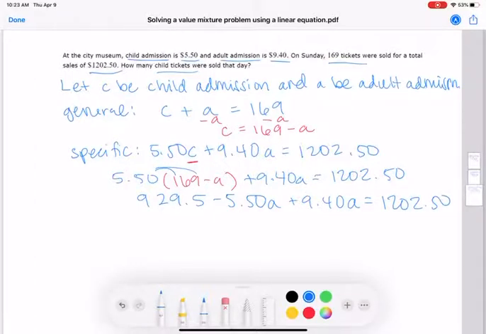Now we can combine like terms. So I have these a's, and keep the sign with it out front with those a's. So I have 929.5. And if I do minus 5.5 a's, combine it with positive 9.4 a's, I get plus 3.9 a's.